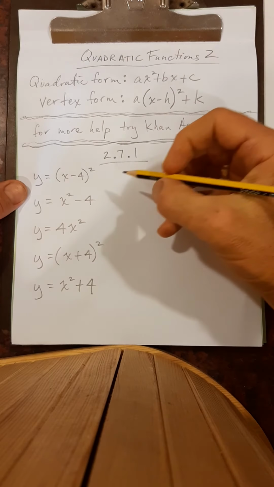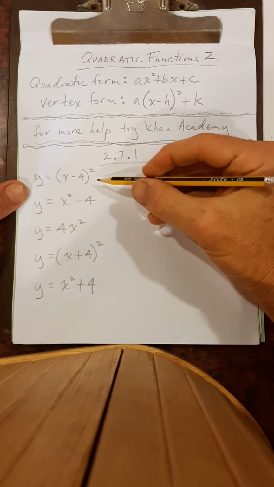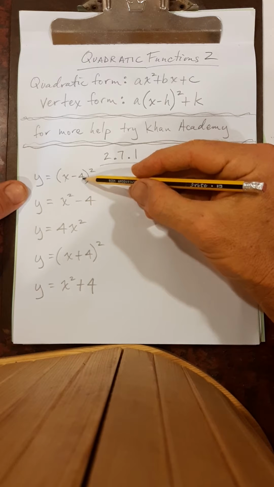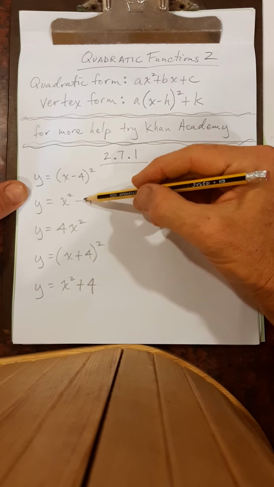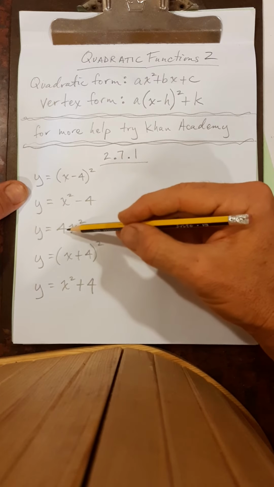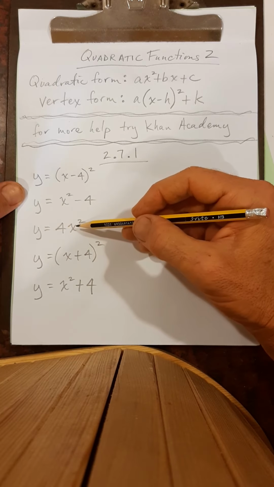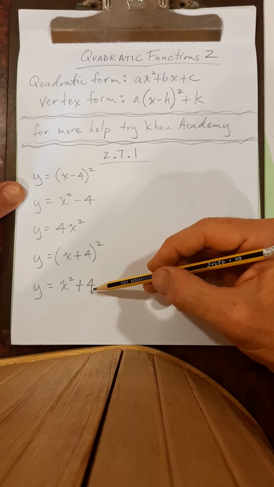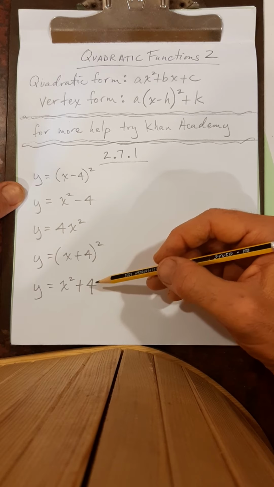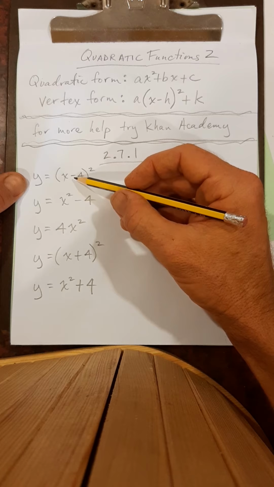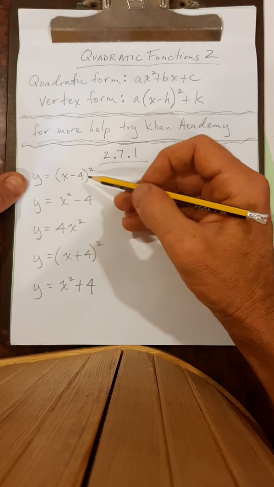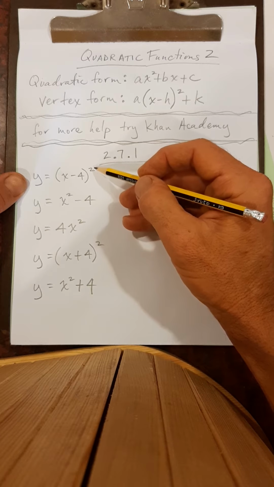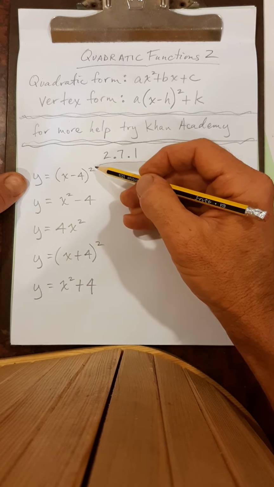What happens with the minus 4 inside the brackets and the minus 4 outside the brackets? Okay, let's think about this. We know this is a parabola because it's x squared.